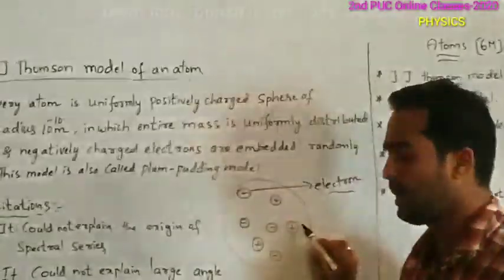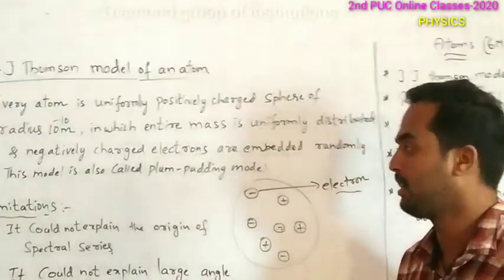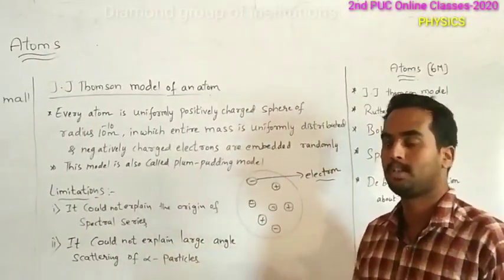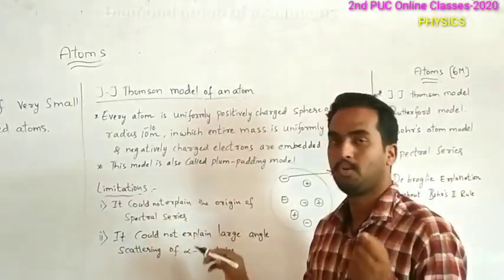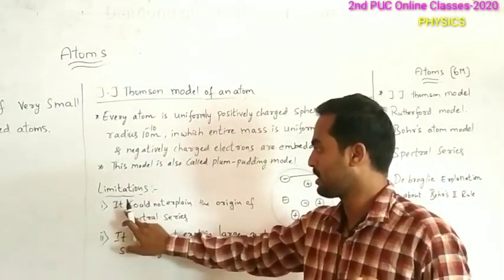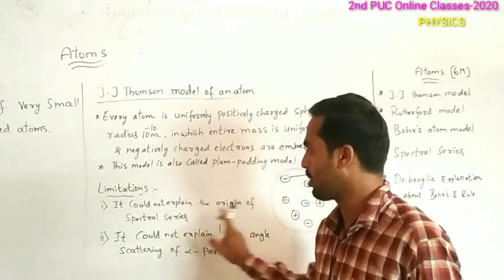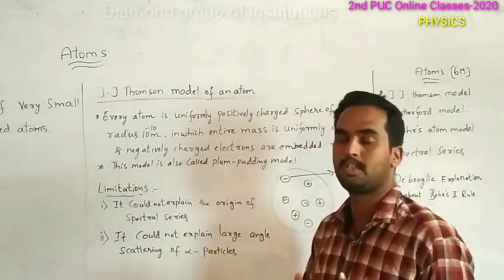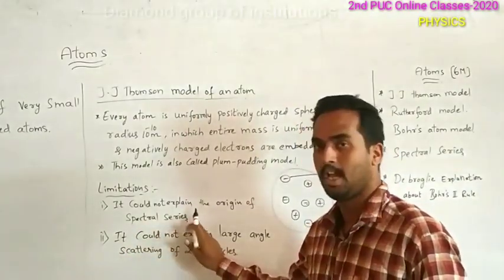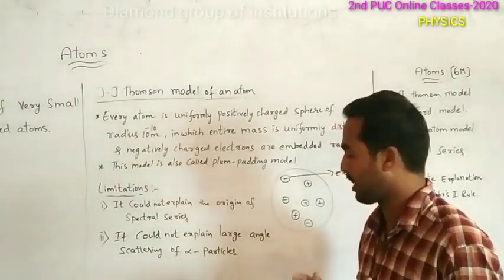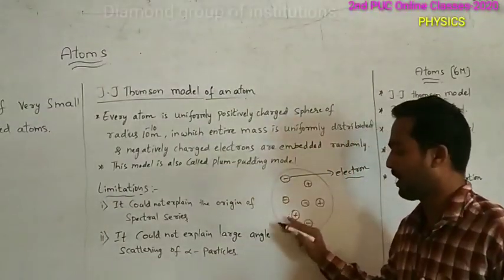And this theory did not explain some points. That means this theory failed due to 2 points. It could not explain the origin of spectral series, and it did not explain the positive charge of an atom.